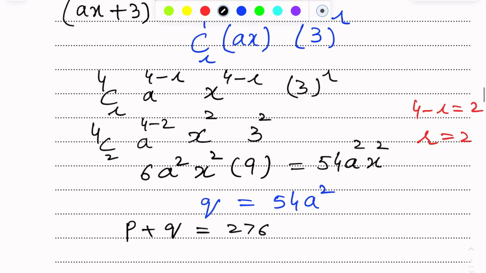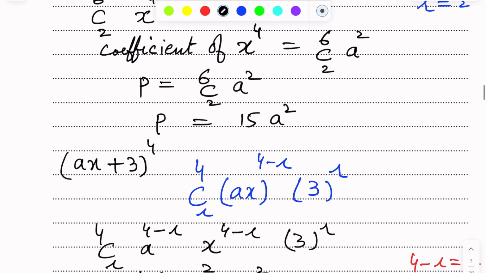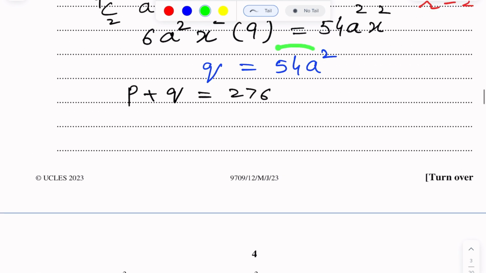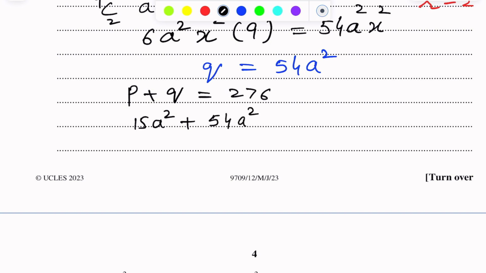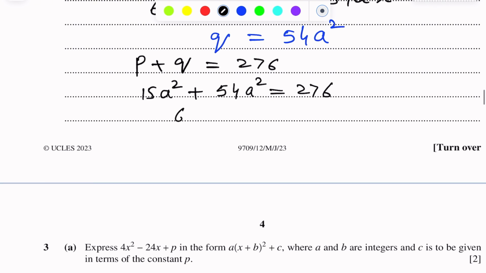Putting the values of p and q, 15a^2 + 54a^2 is equal to 276. 69a^2 is equal to 276.